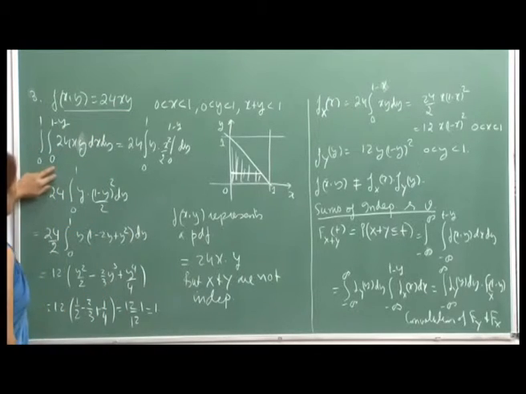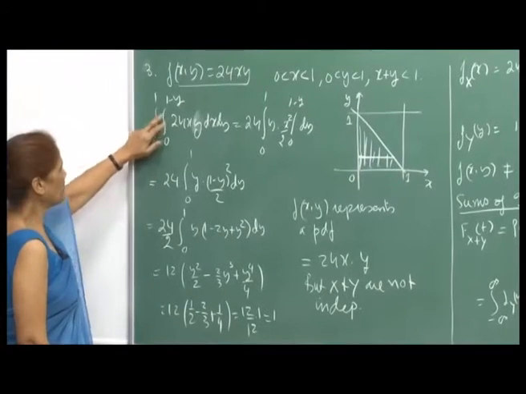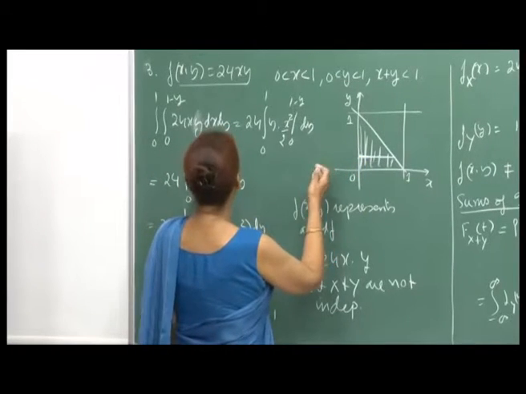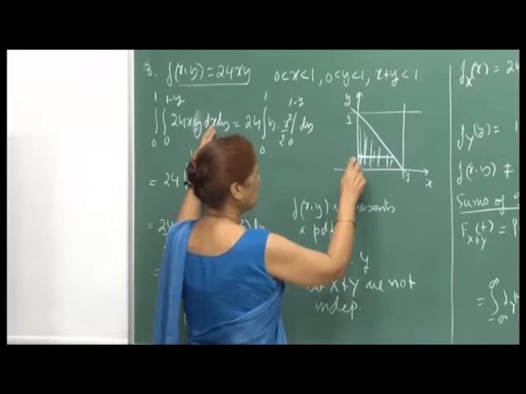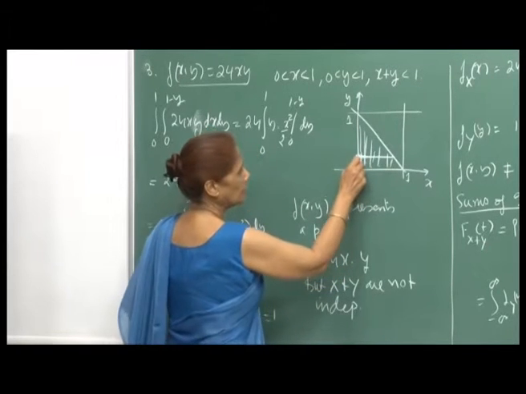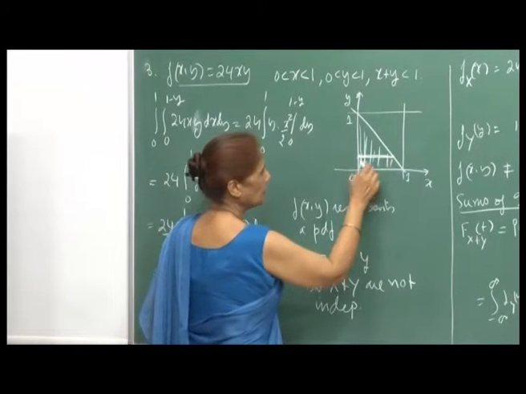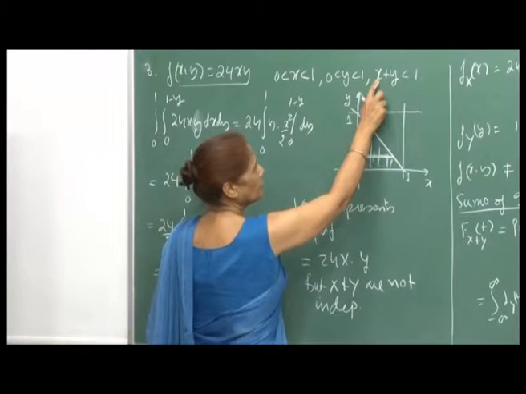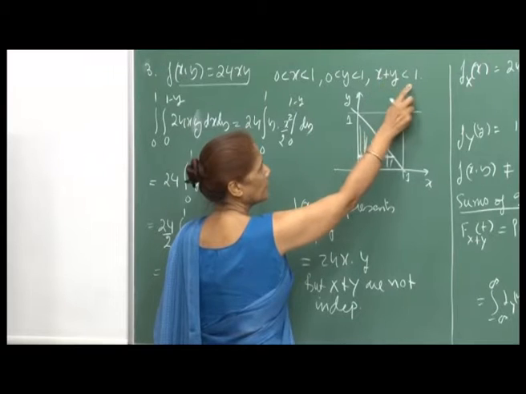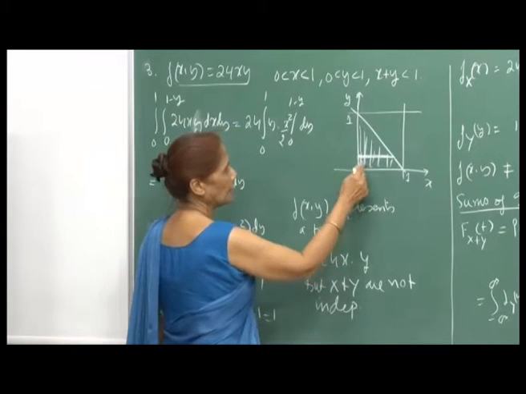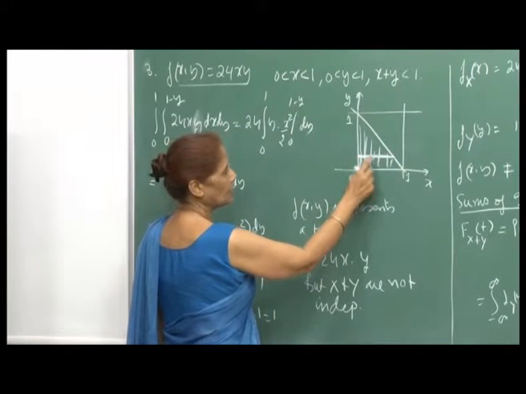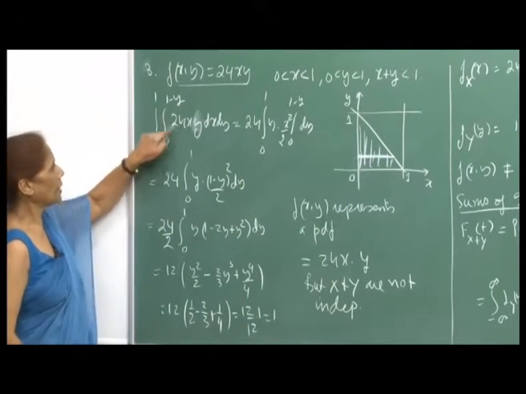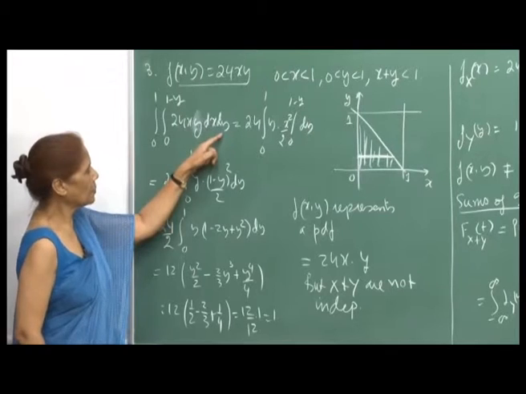Given a value of y, if I am integrating with respect to x, then I fix a value of y and then I draw a line. So, when you fix y, my range for x will be 0 to 1 minus y, and that is what I have written here, 0 to 1 minus y, 24xy dx dy. Okay.